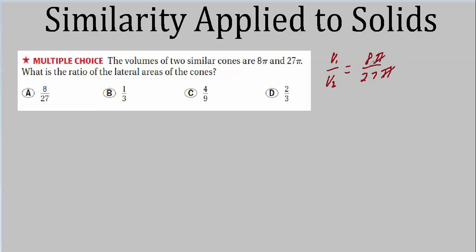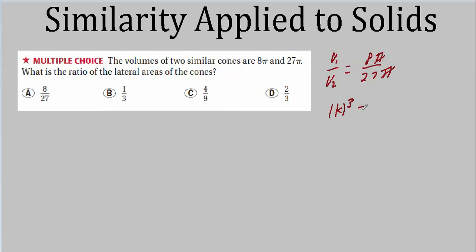That's for the volume. But remember, the scale factor for volumes is going to be k cubed, given an initial scale factor for the 2 similar solids, in this case cones. If the scale factor is k, then the ratio for the volumes is k cubed.